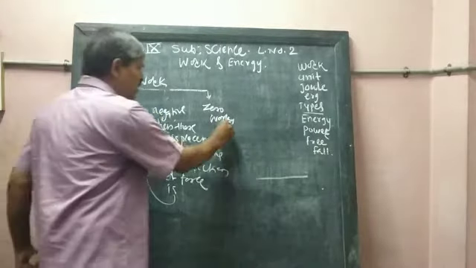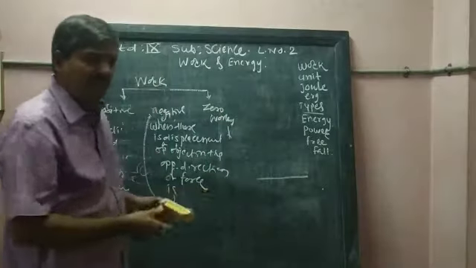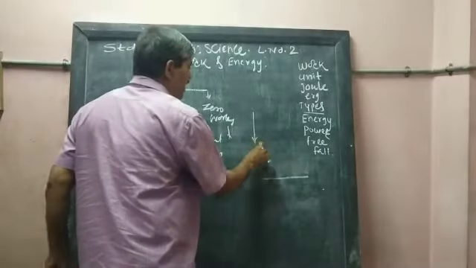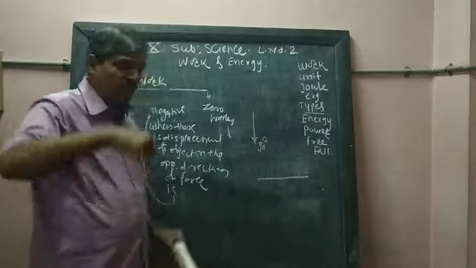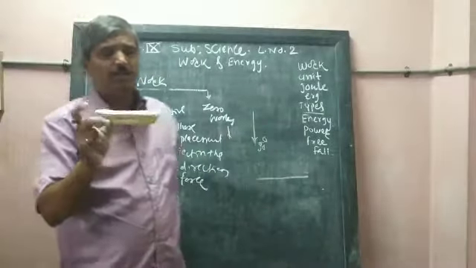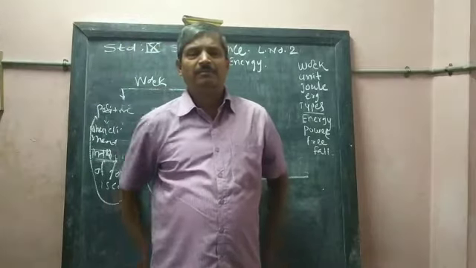Now zero work. What is meant by zero work? It is very simple. Zero work takes place when force is applied in a 90-degree direction. For example, suppose there is a bag of 100 kg and the 100 kg bag is kept on my head.